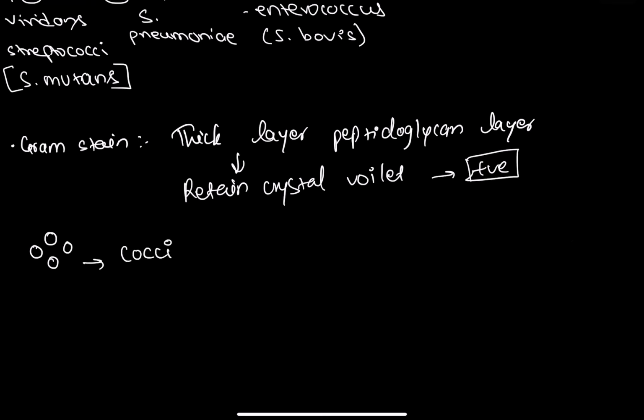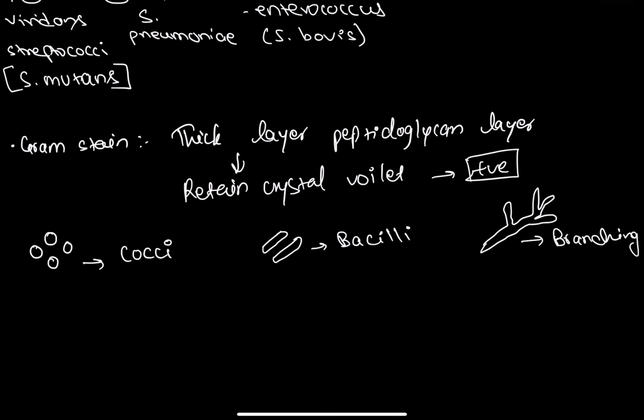There are very few organisms that are gram-positive but have the shape of rods, and they are known as gram-positive bacilli. And very few of them resemble fungi, and they are known as branching filaments, but they are gram-positive organisms. Some examples of these branching filaments are Nocardia and Actinomyces.